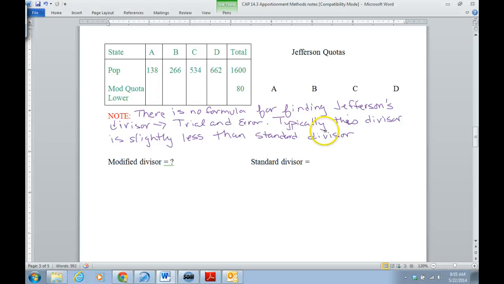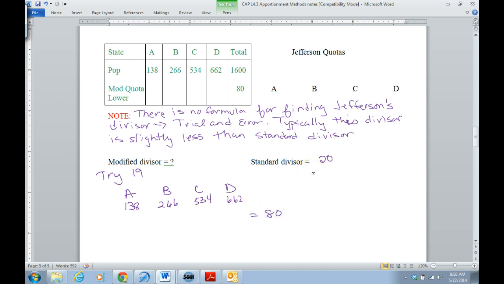Earlier we found that the standard divisor was 20, so we need to find something slightly less than 20. Let's try, first of all, a divisor of 19. I'm going to have A, B, C, and D here, with the populations of 138, 266, 534, and 1662. What we need to do is try to get the sum to equal 80.